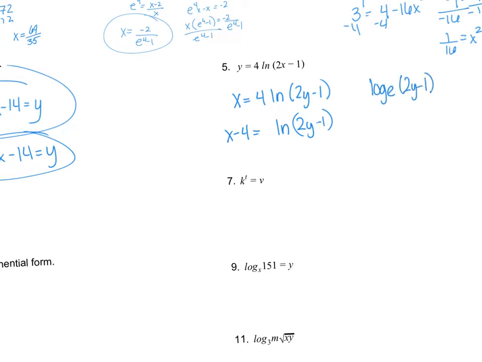Y minus 1 equals x minus 4. E to the x minus 4 equals 2y minus 1. E to the x minus 4 plus 1 equals 2y.